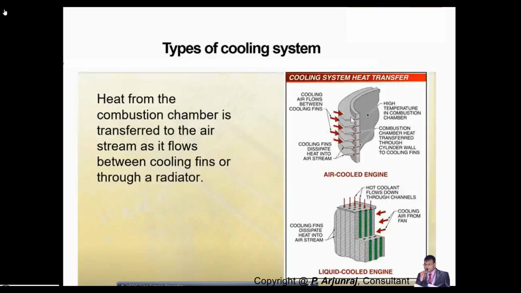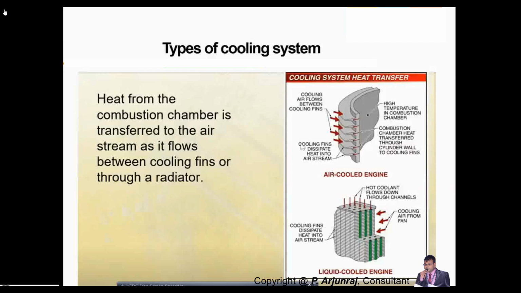So this is the incoming one, and this is the outgoing one. Here, the temperature you get from the combustion chamber, which is high initially, is going to be lesser when it's coming out. And again, whatever temperature you have gets transferred to the air.